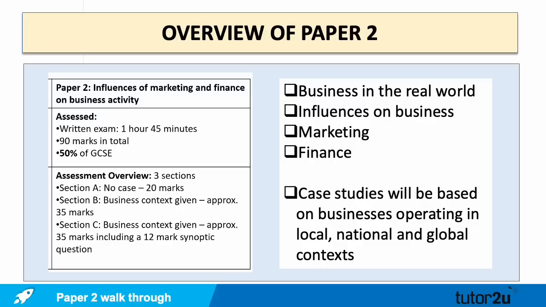In terms of the sections, we've got section A where there's no case study, and this seems to be set now that there will be 20 marks available for section A. However, in sections B and C, the number of marks tends to fluctuate, so approximately 35 marks for each, but that can change. There will be one business context in section B and a different business context in section C. In section C, the paper will end with the 12-mark synoptic question.